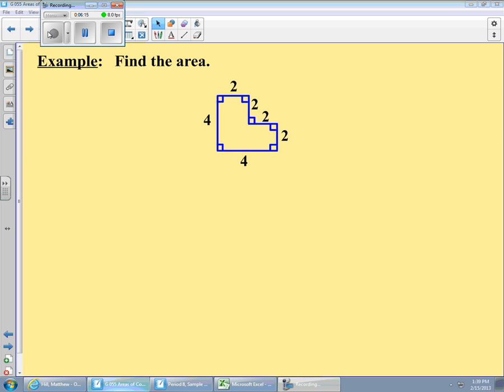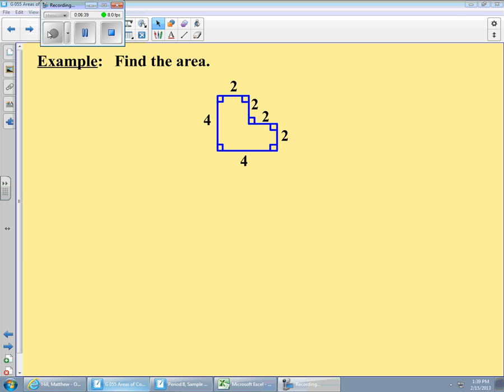Okay, just out of curiosity, how many people see this shape the first way that I diagrammed it, where it's a long, skinny rectangle on the left side and a little square tagged onto it on the right? Just show of hands. Okay, about a third of the class. How many people view it as a long horizontal rectangle on the bottom and a square stacked on the top of it?